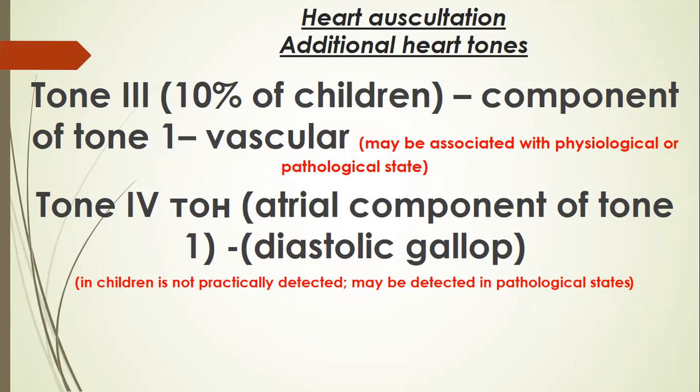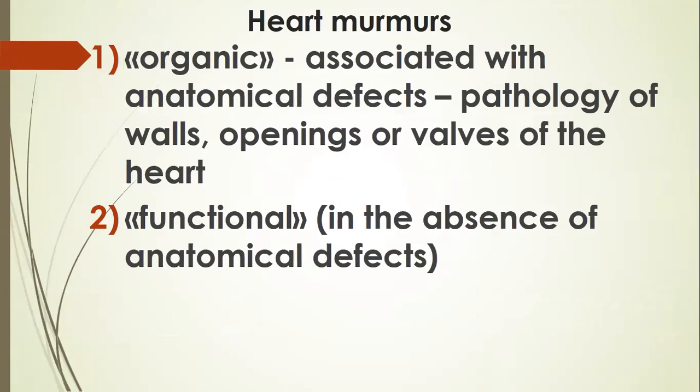And sometimes we hear tone 4. We name it diastolic gallop, and it may be detected only in pathological states. Heart murmurs we also sometimes hear in a child's heart.